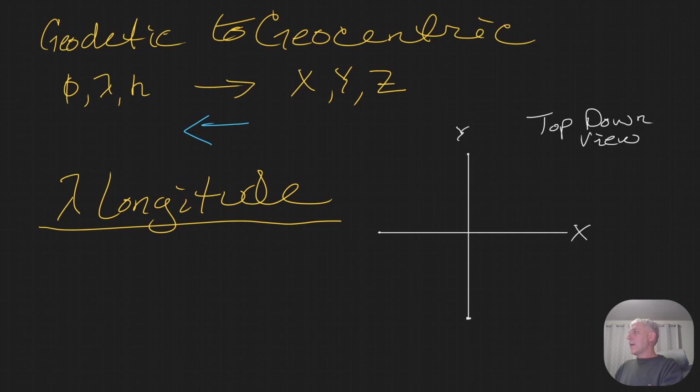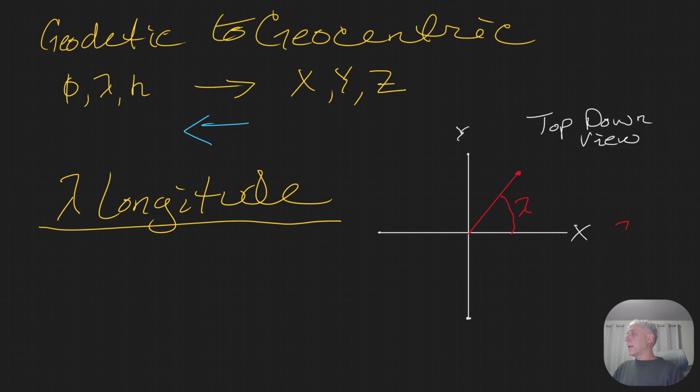And let's say that we have some point here. And if we consider the vector from the spin axis out to the point, then we have a vector like that, right? And this is a top-down view. So remember, in a top-down view, this angle off of the x-axis would be lambda.